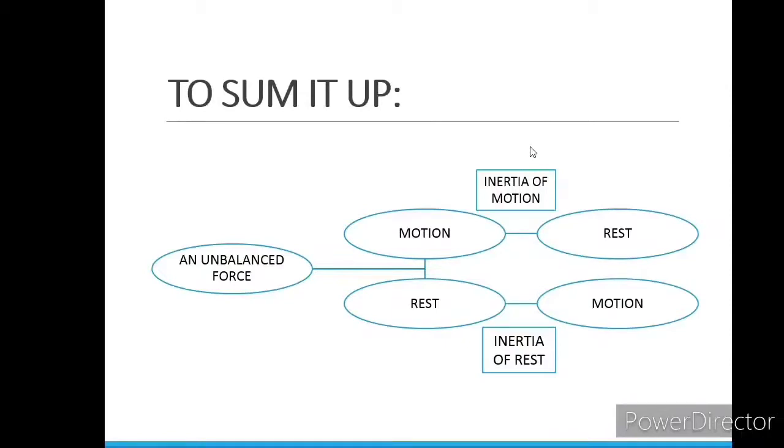If the force is large enough, then the motion of that object will change to rest, or it will change its direction of motion. Similarly, when an unbalanced force acts on an object which is at rest, the inertia of rest resists that change in the state of motion. But if the force is large enough, then the state of rest will be changed to state of motion.